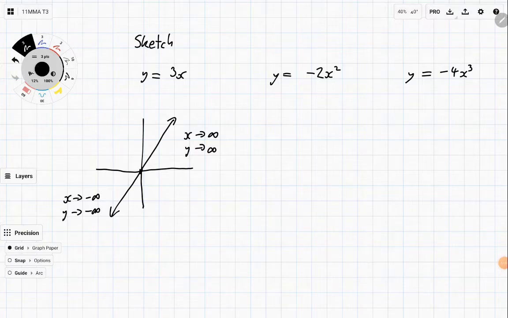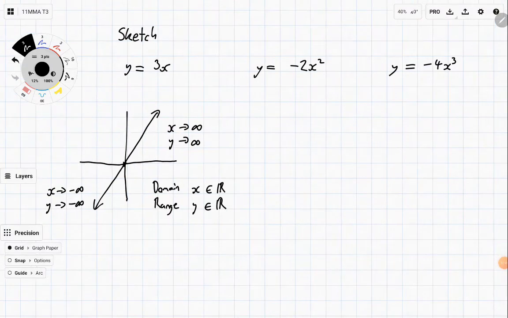But let's also, while we're here, let's think about the domain and the range. Well, the domain is going to be x is in double R, and for the range, once again, we're also going to get y is in double R. Alright, let's look at negative 2x squared. Now we've been doing quadratics for a little bit of time, so we shouldn't be having too much trouble with this.